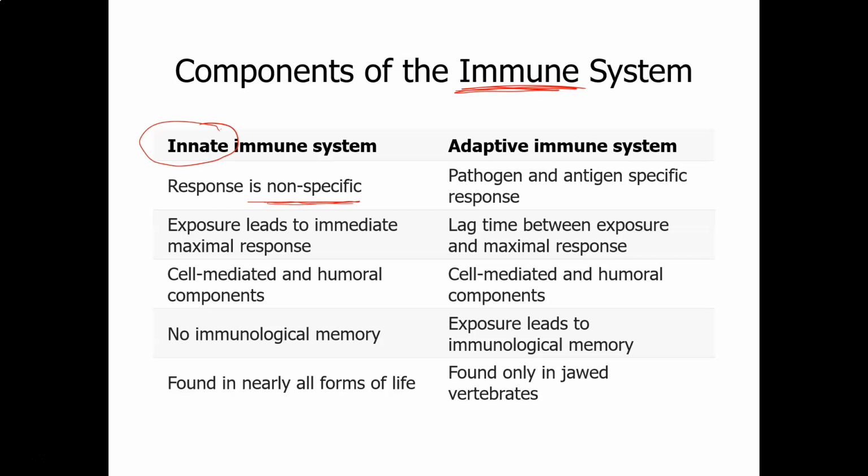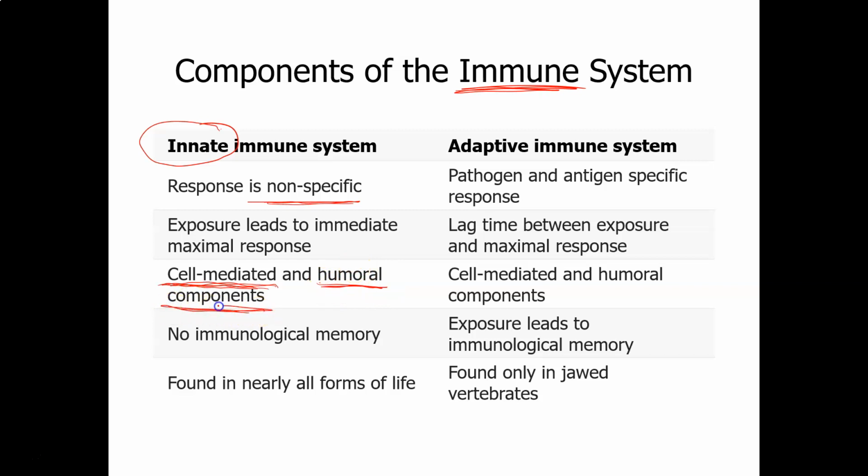So there are cells that are active in the cell-mediated component of your innate immune system. These would be cells like macrophages and neutrophils and basophils. These are white blood cells. And then the humoral component is the body fluid component.